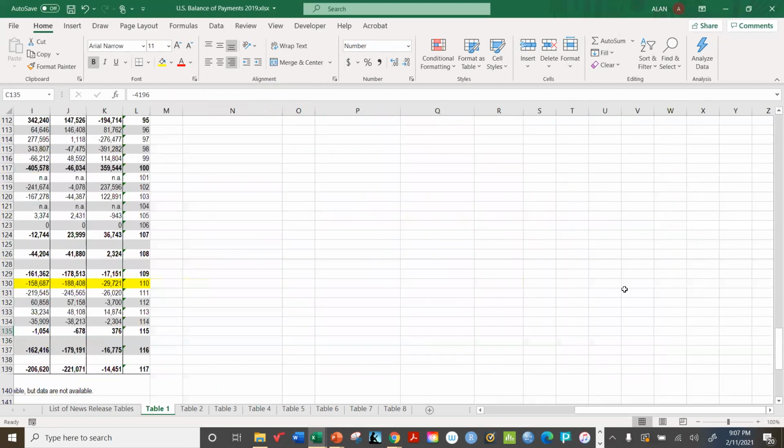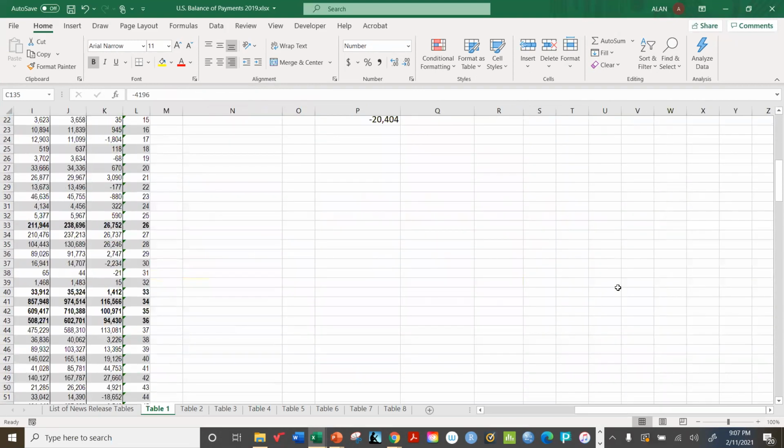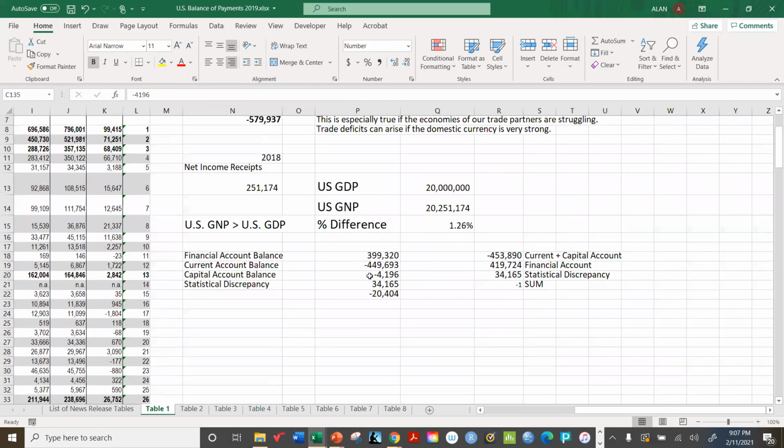Well, I guess that's kind of what we did. I don't know. I'll look into this later on. I mean, it's a little bit weird, but at least we know these are adding up. And so the whole point of all this is that they're supposed to add up to 0. And because they usually don't, that's why that statistical discrepancy is there.